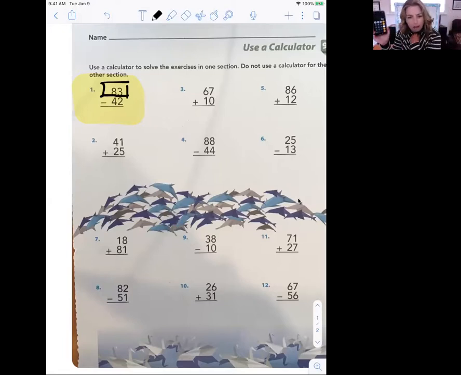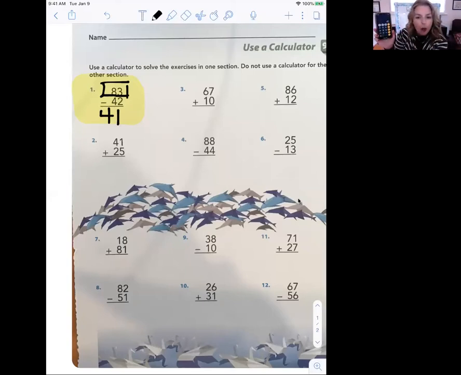And then what's the other number on the bottom? 42. And now we're ready to solve it. So 83 minus 42, now we hit the equal sign on our calculator, is 41. So we're going to go ahead and write 41 as the answer.